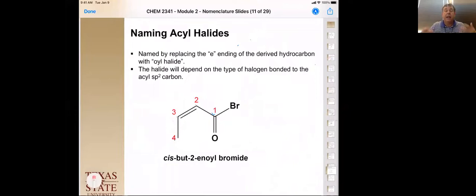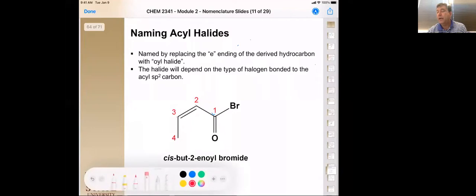We can actually have a halogen directly bonded to that carbonyl to make a very active group called an acyl halide. The way we name those is we have the carboxylic acid derivative name, we drop the oic acid and add oyl and whatever the halogen is.